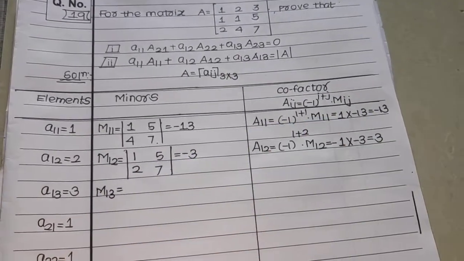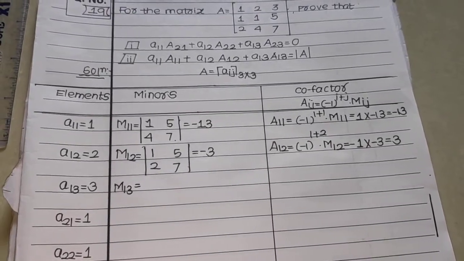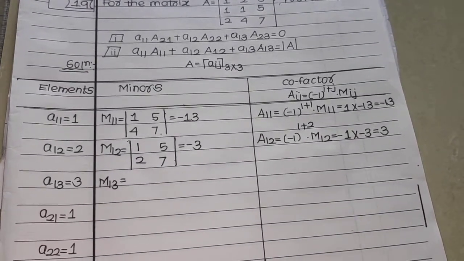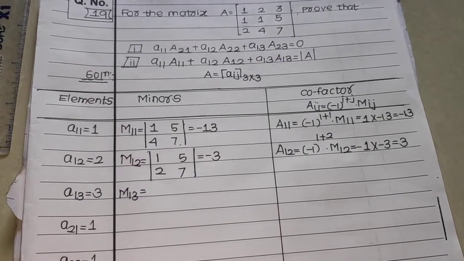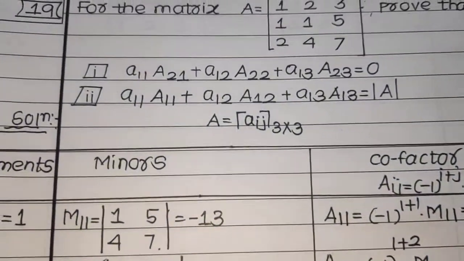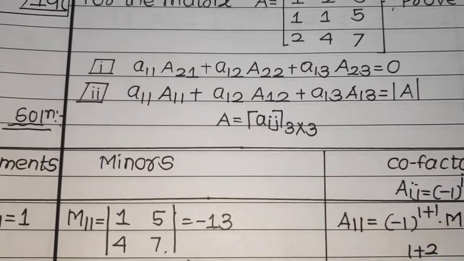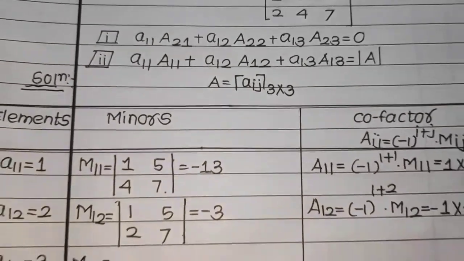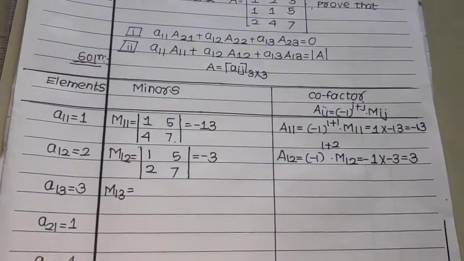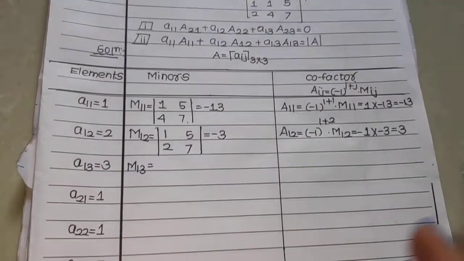Now some of you might be wondering why you are finding minors. Because cofactors cannot be evaluated without finding minors. Though the question does not include any minors, if you observe the question carefully, you will find there is no minor as such. But if there is no minor, how can I find the cofactor? So that was the idea. If you refer to my case study, you will come across one point about the flow chart, and that is the flow chart I am talking about.